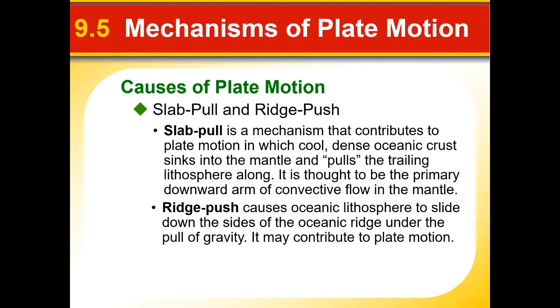Then the ridge push: the upwelling of hot mantle material, when it solidifies towards the surface, pushes the oceanic crust sideways, also using gravity. Both components are at the two ends of the oceanic crust, being subducted, having the slab pull, and spreading, having the ridge push.